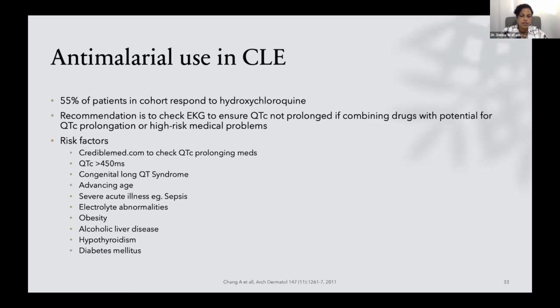There was a study that showed that 55% of patients responded quite well to hydroxychloroquine. And as a matter of fact, when it comes to discoid lupus, 80% of patients will actually respond well to hydroxychloroquine and topical steroids.